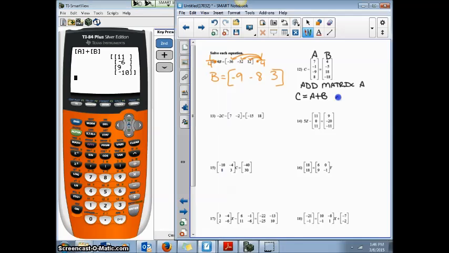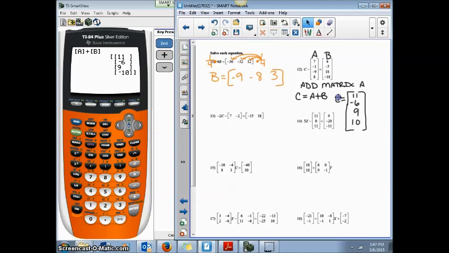So then C equals 11, negative 6, 9, and 10. And it is also a 4 by 1, which makes sense because when we add or subtract, we always keep the same dimensions. It doesn't change our dimensions on any of those.